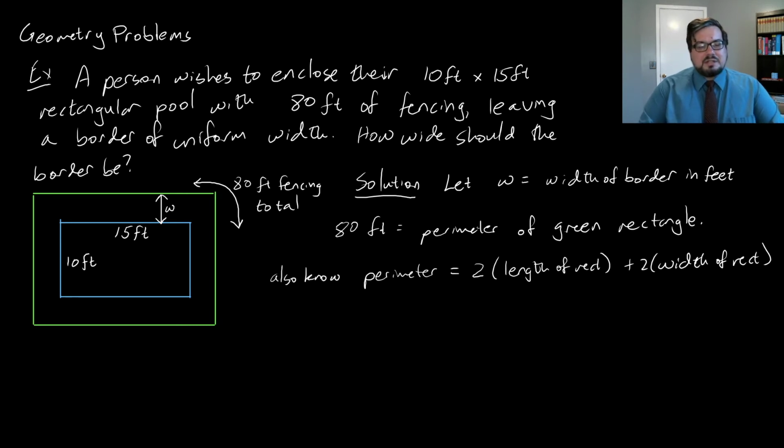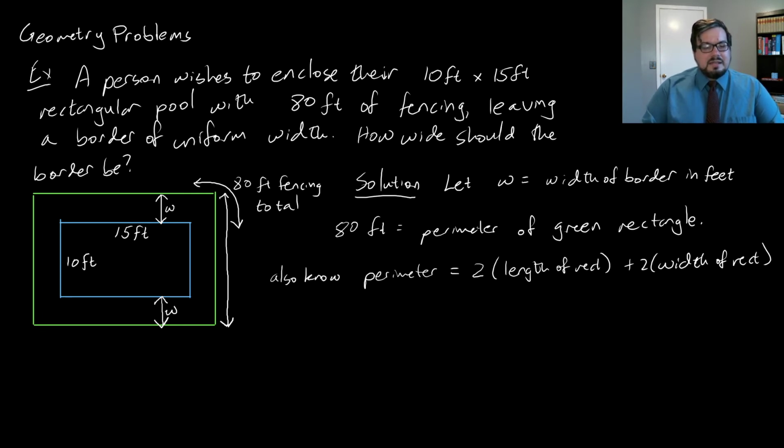If we want to understand the width of the green rectangle, we can do that by sketching in a few more copies of W here. The width of the green rectangle is going to be the total distance from the top to the bottom of the rectangle, as I've written it here.